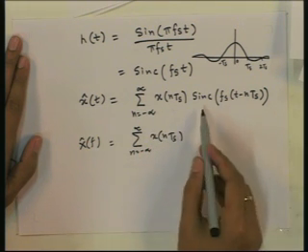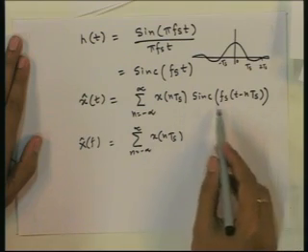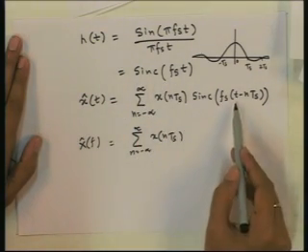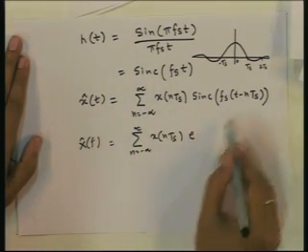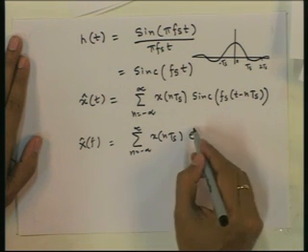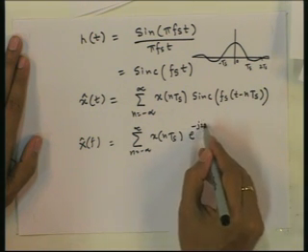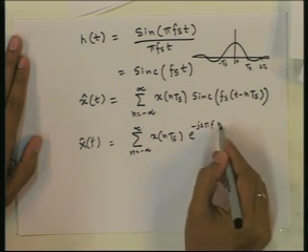Then the Fourier transform of this is the Fourier transform of the sinc multiplied by e to the power minus j 2 pi f n Ts, because there is a shift.